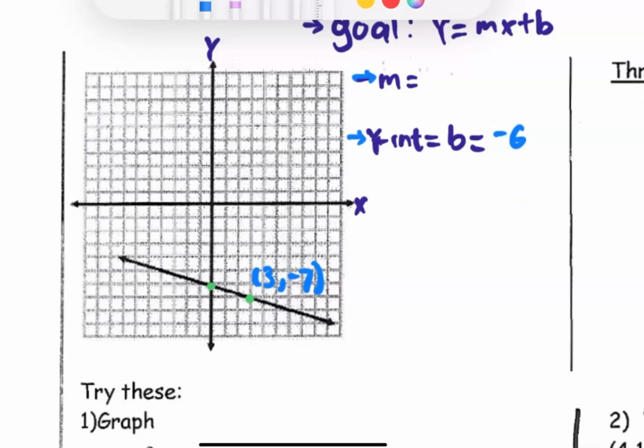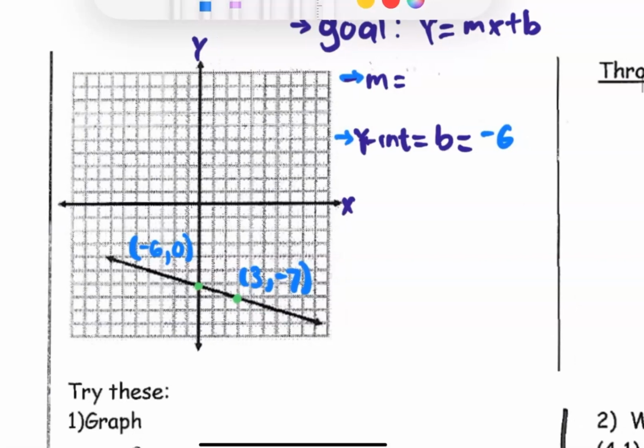And over here, the y-intercept, again, it was at -6 on the y-axis and 0 on the x-axis. You can plug this in and find the slope. That is option number 1. Or I could say my slope is, I'm going to go to the y-intercept. I move down 1 over 1, 2, 3 to the right.